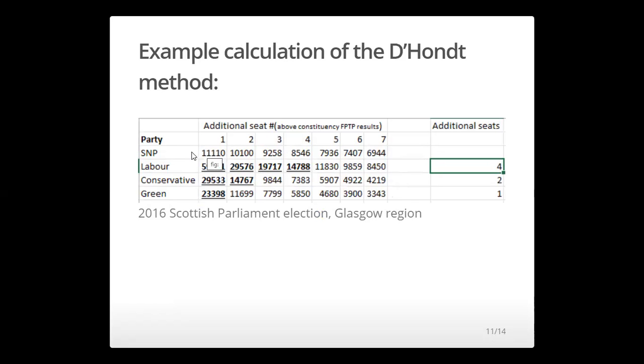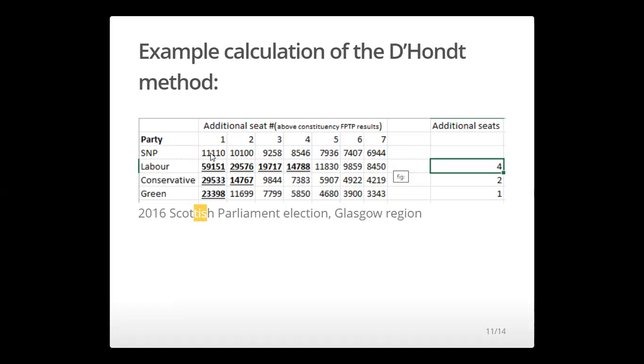Why, in this example from the 2016 Scottish Parliament in the Glasgow region, didn't the SNP have any additional MSPs elected or seats granted? That's because they already took all of the non-constituency first past the post MSPs, whereas there are 7 regional seats to be apportioned.